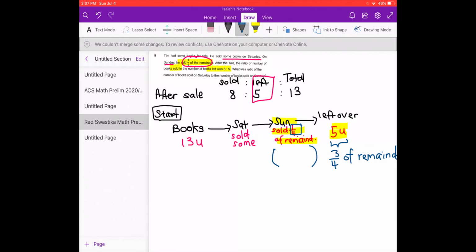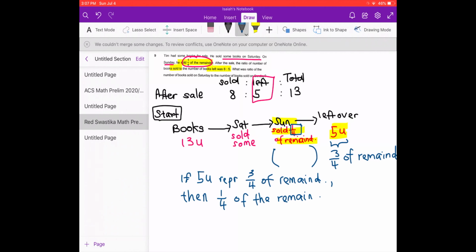If 5u represents 3/4 of remainder, then one quarter of the remainder will be, since 5u is 3/4, 1/4 will be 5u divided by 3.